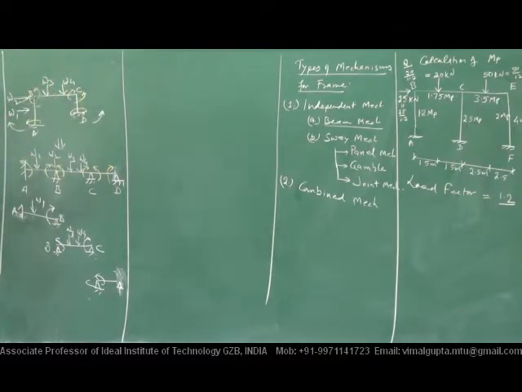Clear to everybody? That joint must be sufficiently strong to bear the load produced by the external load. Similarly, this joint must be sufficiently strong. Joint A must be strong enough to carry which type of load? Vertical, horizontal, as well as rotation.